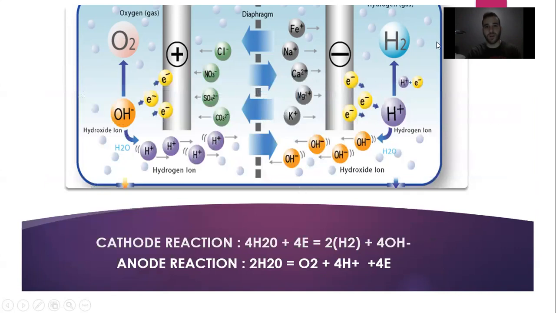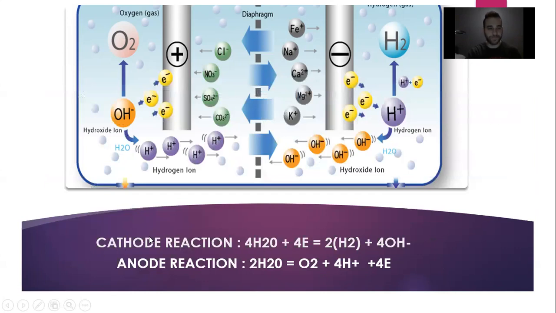So we're producing hydroxide and H2. And we've got our alkaline minerals that are being attracted to the negative plate because of the opposite charges. So here's an example. We've got iron, sodium, calcium, magnesium, and potassium. These are examples of minerals that could be found in your tap water already. Then let's look at the reaction here.